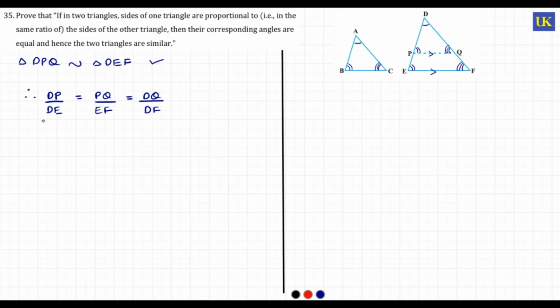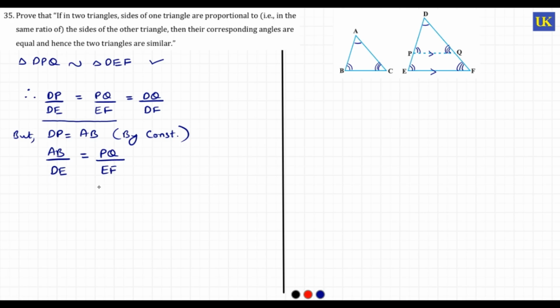Now we will take these two things. We know that DP is equal to AB, by construction. So instead of DP I can write AB upon DE equal to PQ upon EF, and this is by construction.